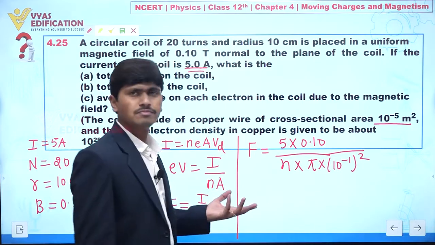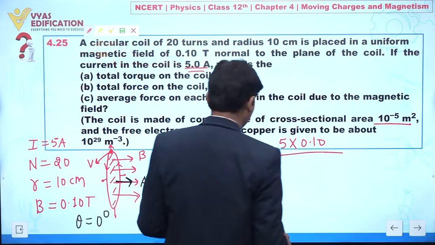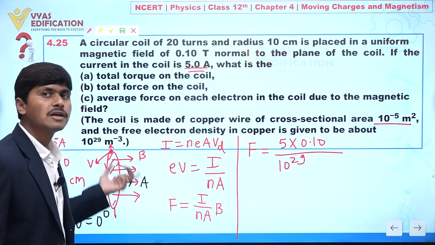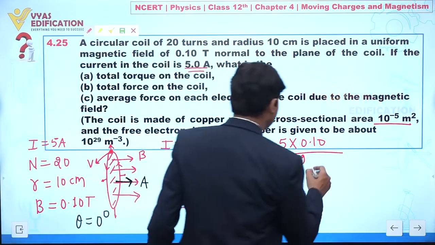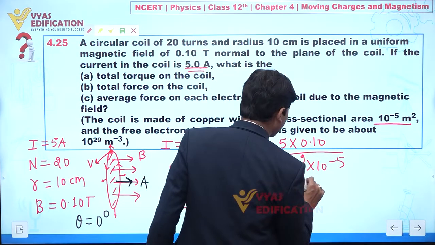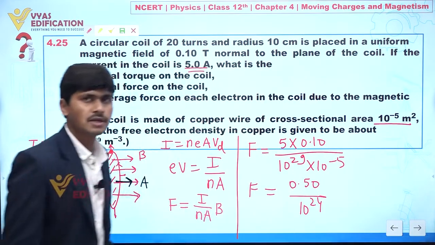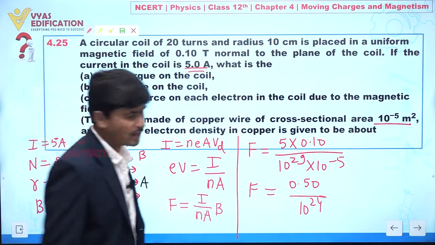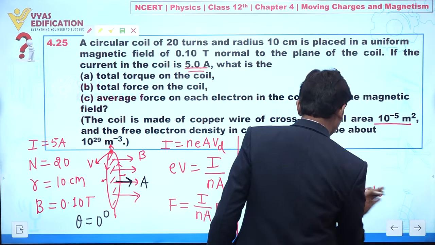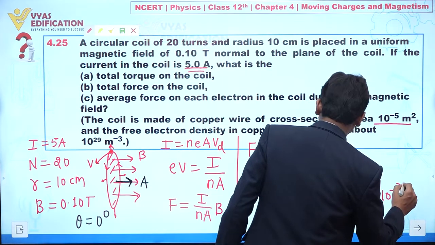So the value of n is given as 10 to the power 29 per meter cube, meaning the number of electrons per meter cube, and the area is given as 10 to the power minus 5. From here the denominator is 0.50 multiplied by 10 to the power 24. So the force is 5 into 10 to the power minus 1 divided by 0.50 into 10 to the power 24, which is equal to 50 by 100 into 10 to the power minus 24.